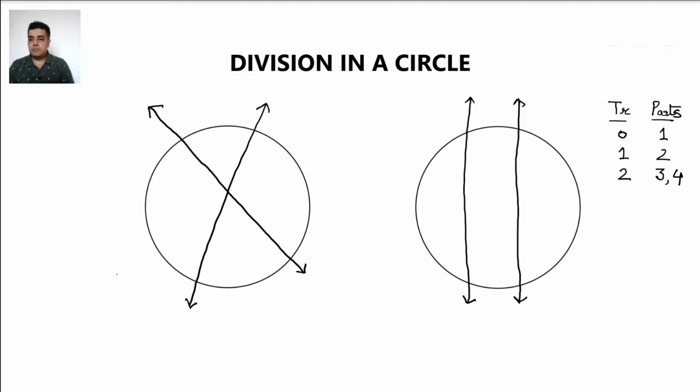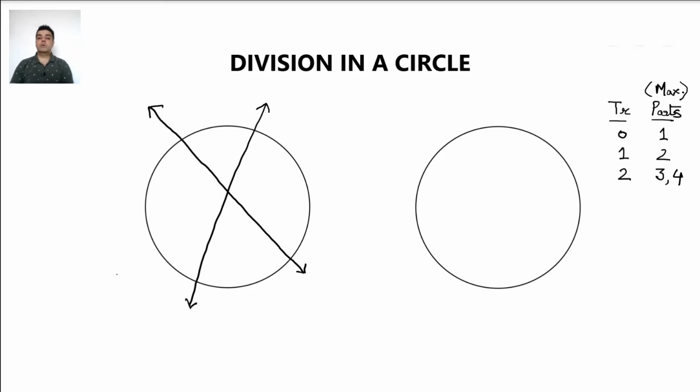Majority of the times we would be talking about the maximum number of parts in which a circle can be cut by a transversal. So henceforth, when I am discussing with you, I will not be talking about the minimum number of parts in which a circle can be cut. I'll be referring to the maximum number of parts in which a circle would be cut.